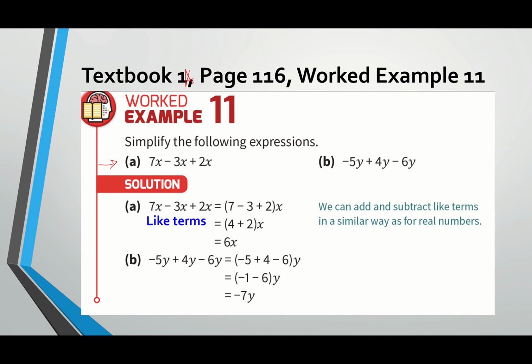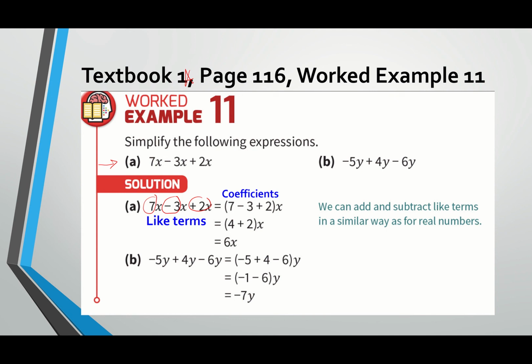Because they all have the same variable x. So we simplify the expression by adding up the coefficients. We have 7 minus 3 plus 2. If you put the coefficients together, you'll get 6, right? 7 minus 3 is 4, 4 plus 2 is 6. So 6x. What about part B?